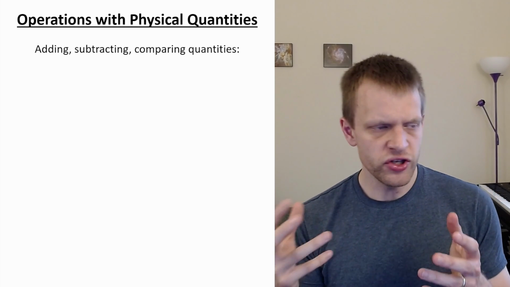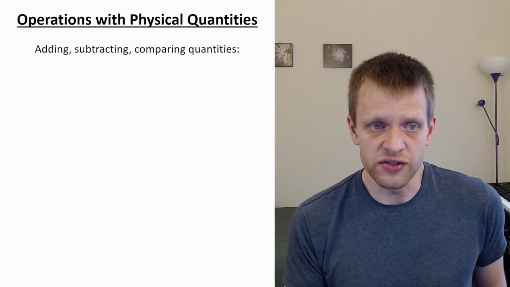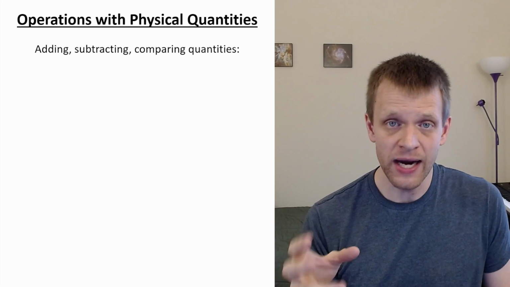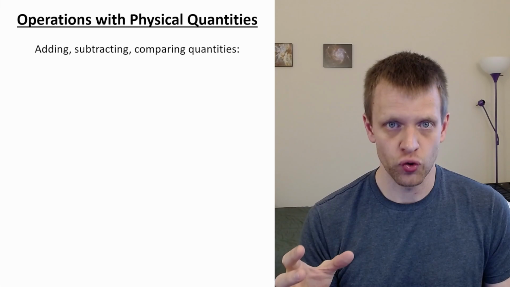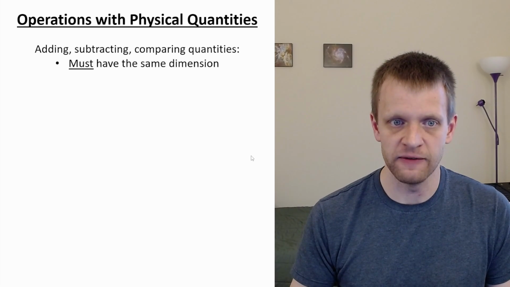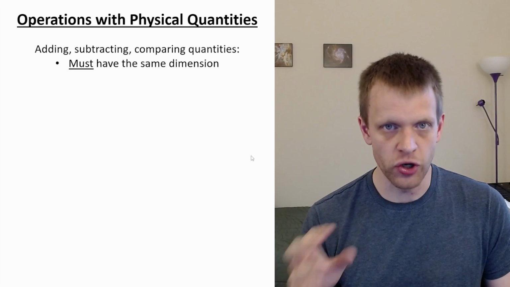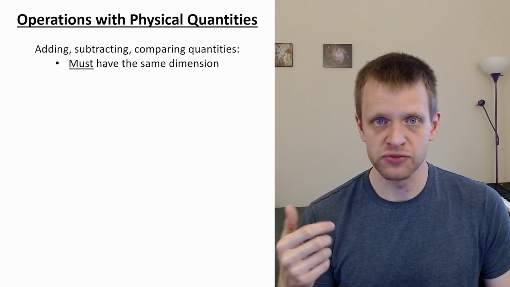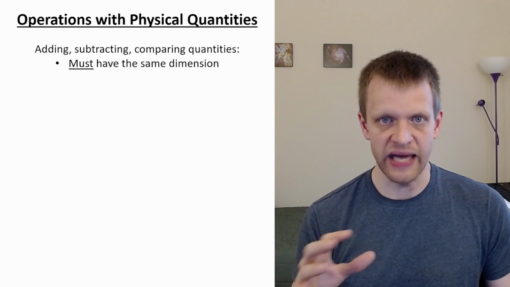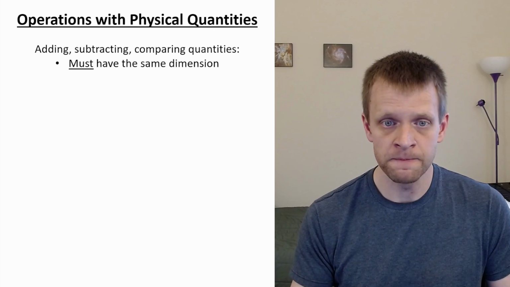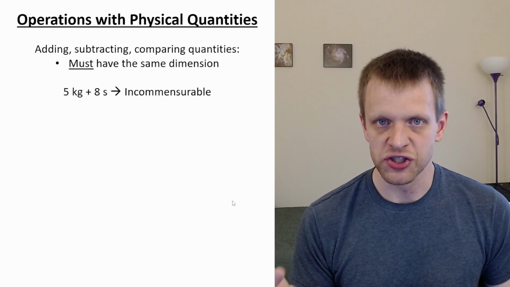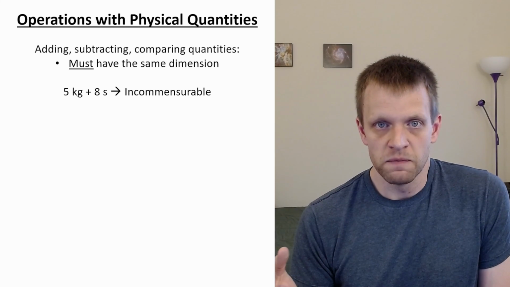So how do we use these different kinds of quantities? Well, if I'm adding or subtracting or comparing any physical quantities, they have to have the same dimension. If they don't have the same dimension, there is no way to add them, subtract them, or compare them in any kind of coherent way. So for example, what is 5 kilograms plus 8 seconds?